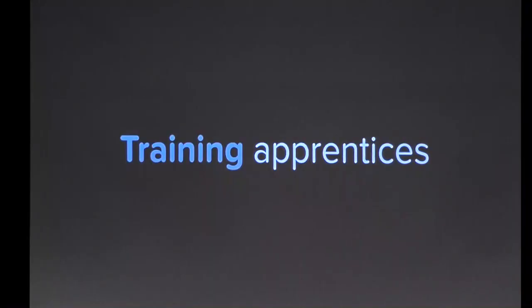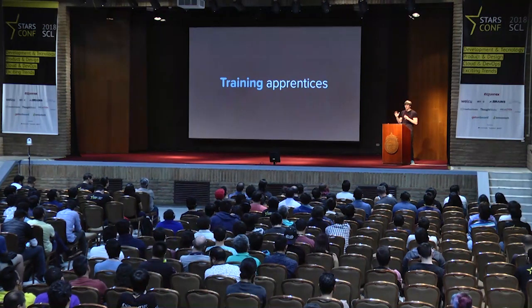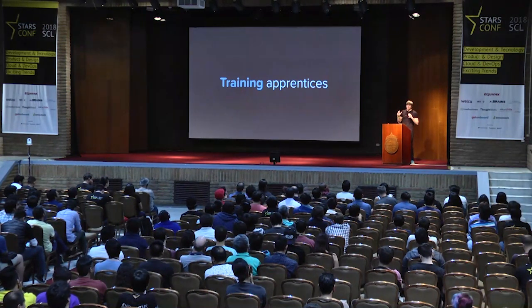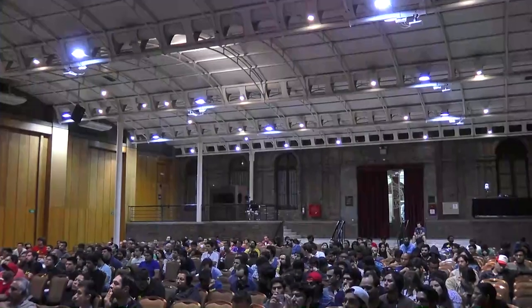Okay, so training apprentices. This is going to be a bit of a rush because we're getting close to the end of the time. Before I start, keep in mind that what you're trying to solve by training an apprentice is to improve the amount of value they're creating without having to invest as much time in building their skill set.